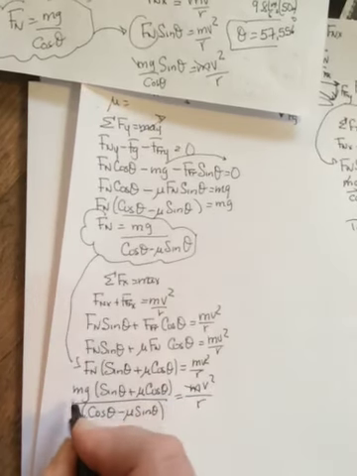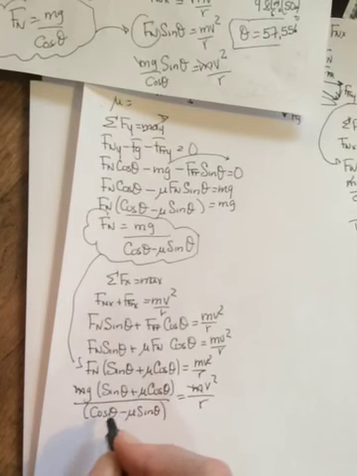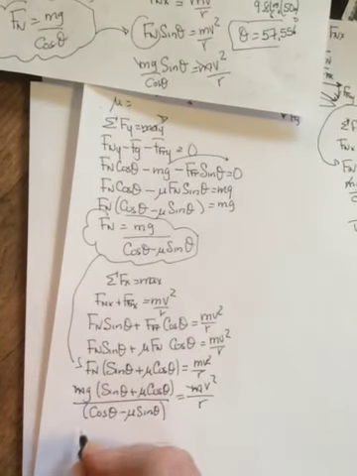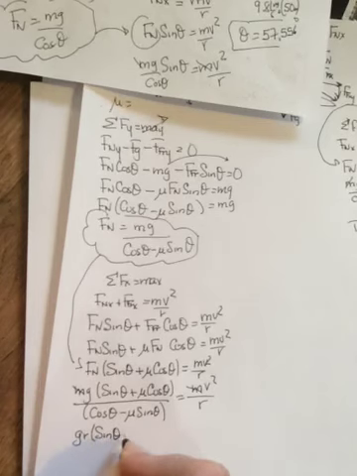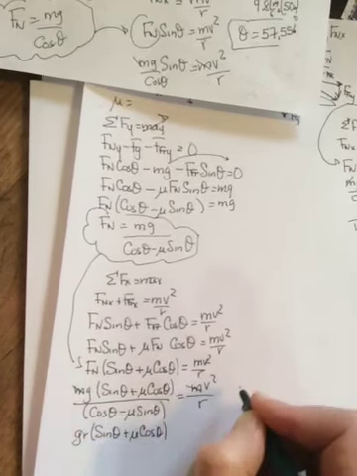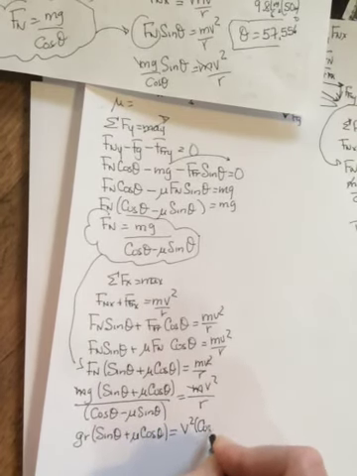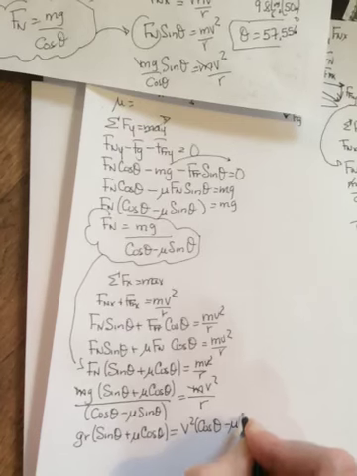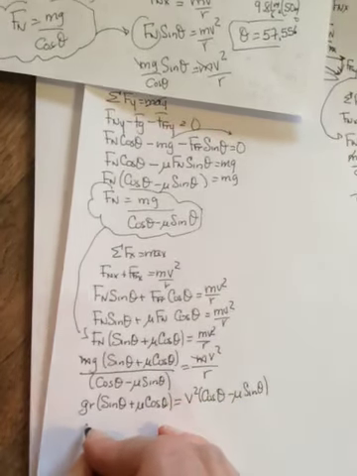So now your m's will cancel. And you were solving for mu and it's stuck inside both brackets, so cross multiply. So it'll become gr brackets sine theta plus mu cos theta. So you've brought the r up. And now take the bracket on the bottom to the other side, cos theta minus mu sine theta. Now multiply through to get the mu's out of the brackets.